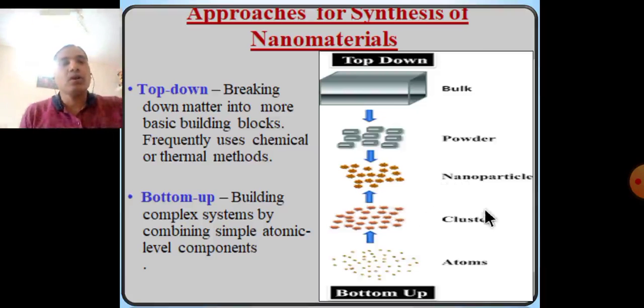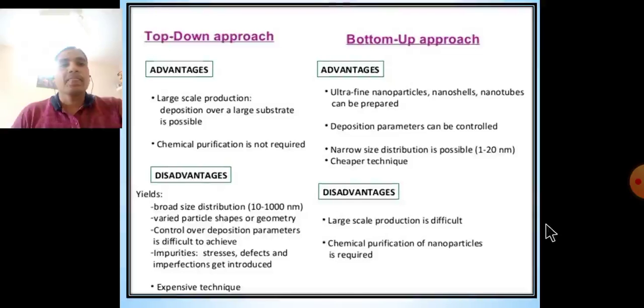to form nanoparticles. The top-down approach's advantages: large scale production, and deposition over a large substrate is possible. Second, chemical purification is not required. Disadvantages of the top-down approach: it yields a broad size distribution, that is 10 to 1000 nanometer, varied particle shape or geometry, and control over deposition parameters is difficult to achieve.